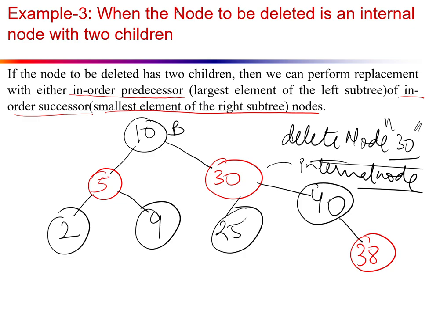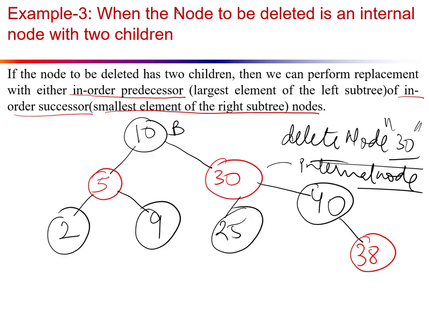We already saw in the previous video that we can delete a node only when it is at the leafmost position. But what happens if the node is at an internal node position? Then we need to perform replacements. If the node has only one child, as we saw in the previous video, then we can replace it with that child, but the color constraint needs to be taken care of.